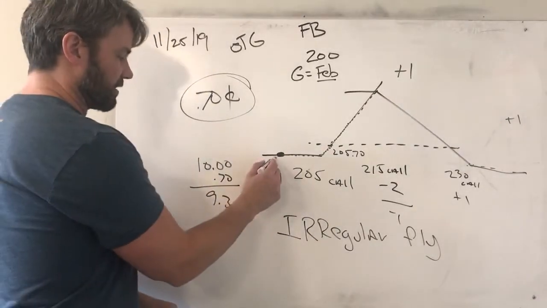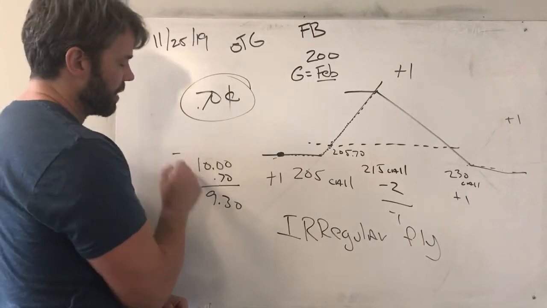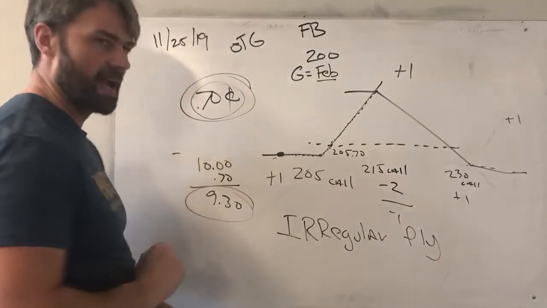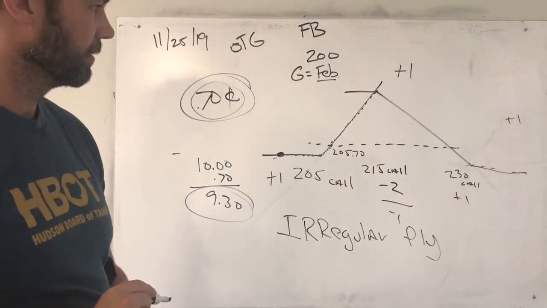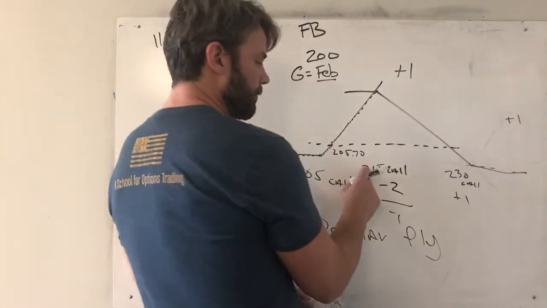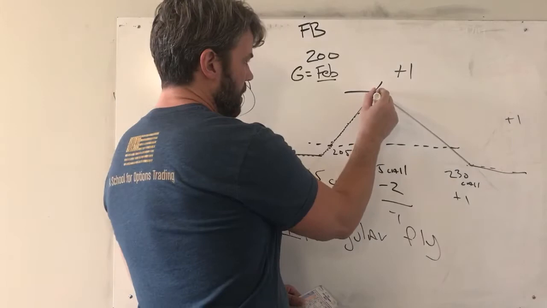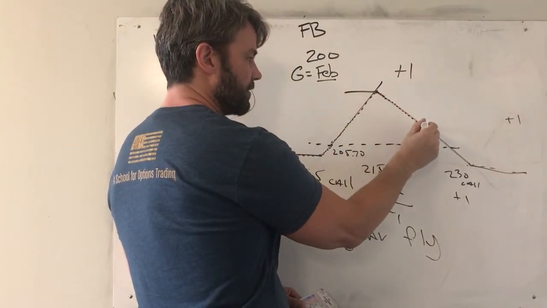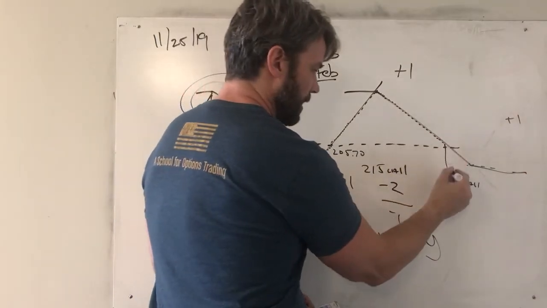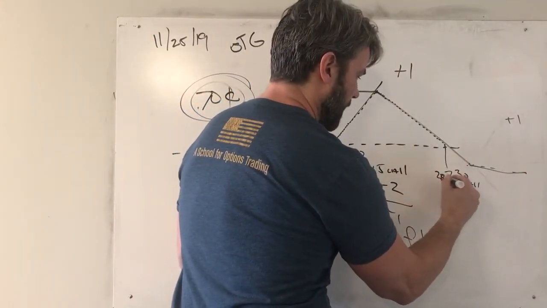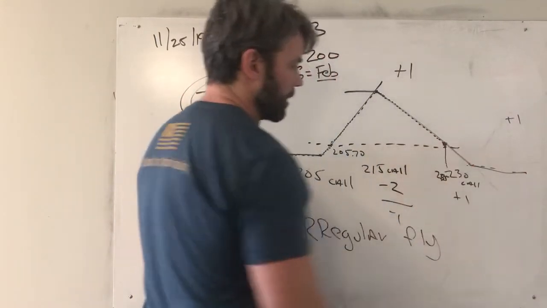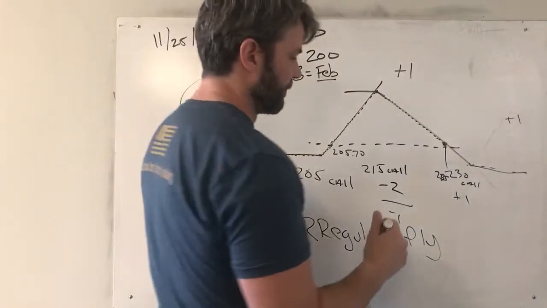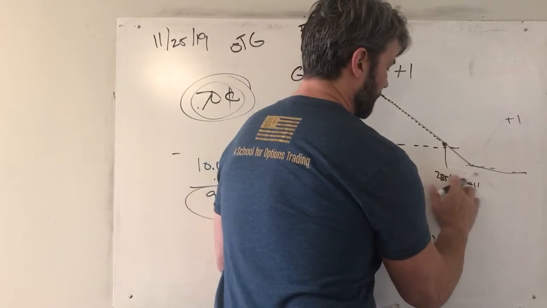So if the stock sells off between now and February, I lose 70 cents. The most I can make is $9.30 a share. And if it overshoots 215, I'm going to give away some profits, but at 225, let's say I'm going to be flat.